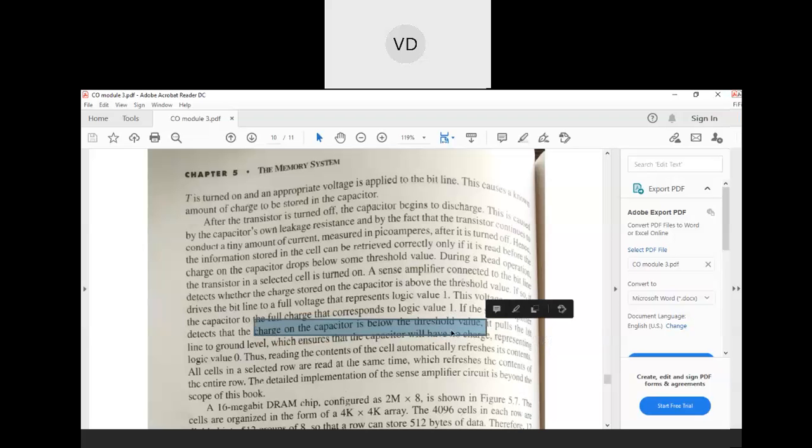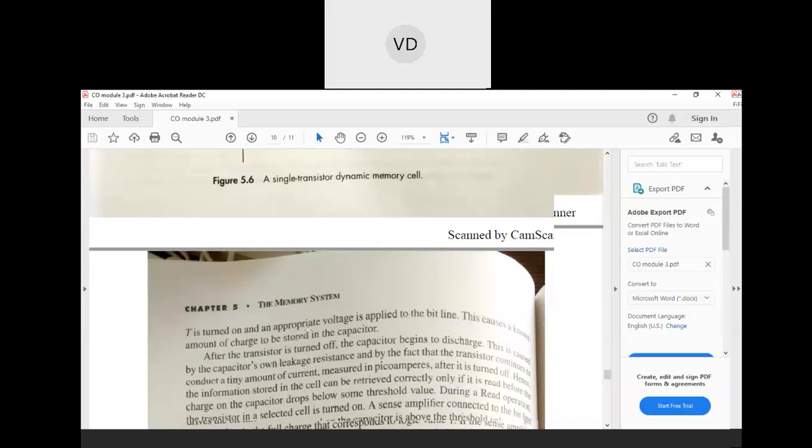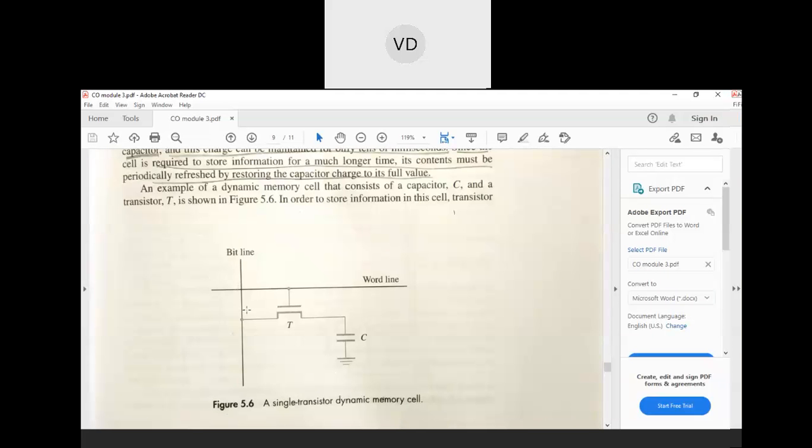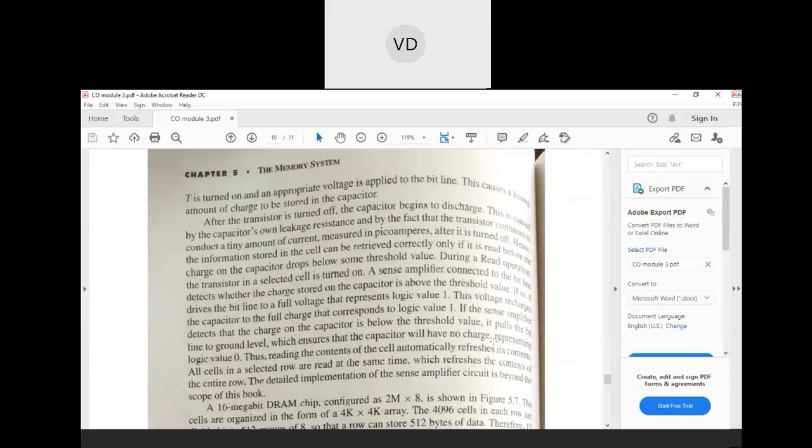What will happen then? The bit line will pull down the charge on this capacitor. When it pulls down the charge on the capacitor to the ground level, then a 0 will be stored. When it is above the threshold value, the value is 1, and when it is below the threshold value, the value of that cell will be taken as 0.